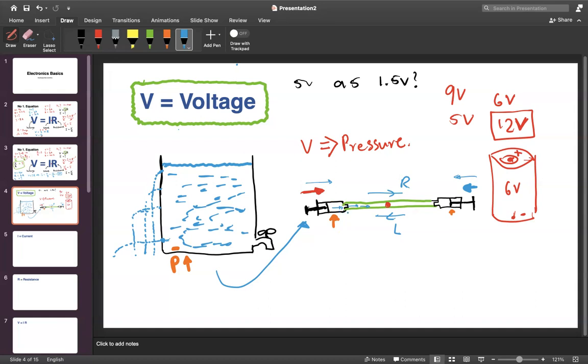Because of the energy. The pressure is high here, right, than here. So now what is this? This is voltage. This is also voltage, right? So the small bead, can you get what this small bead is?